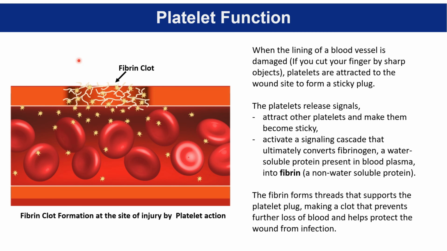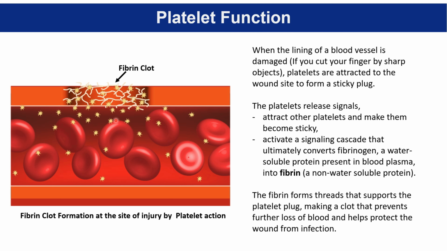Now coming to platelet function. When there is damage in a blood vessel due to any cut in our body, the platelets are immediately attracted to the site of the wound, forming a sticky plug. The platelets release signals that attract more platelets to the site of the wound, and they become very sticky.